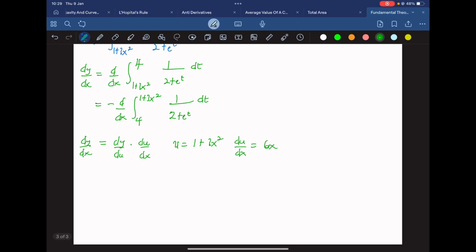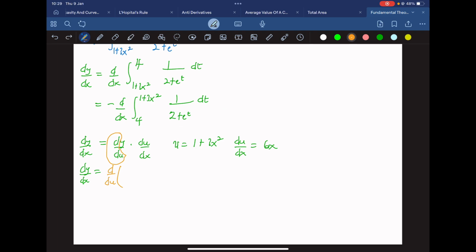So doing your substitution, dy/dx is equal to d/du of your y, which is this one, now giving us this, right?